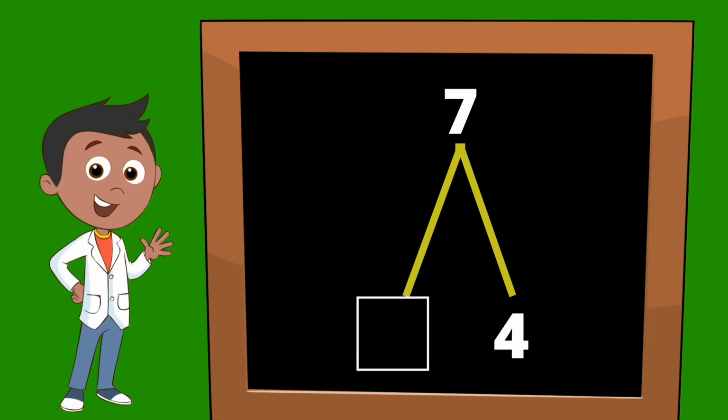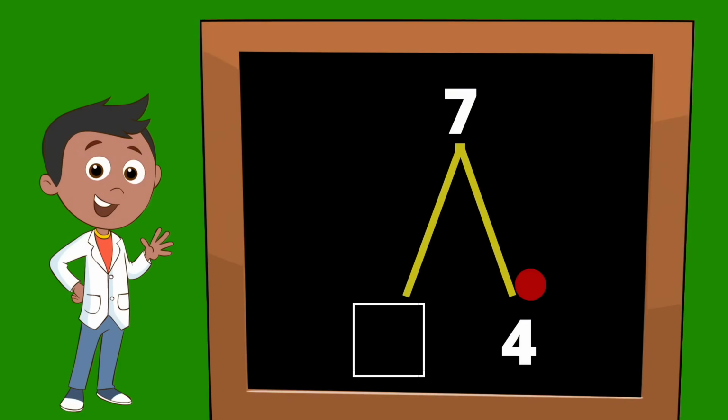To solve this Math Mountain, we are going to start with the information we know. We know there are 4 circles on the right side of our Math Mountain. Let's add 4 circles. 1, 2, 3, 4. Now we have 4 circles on the right side of our Math Mountain.